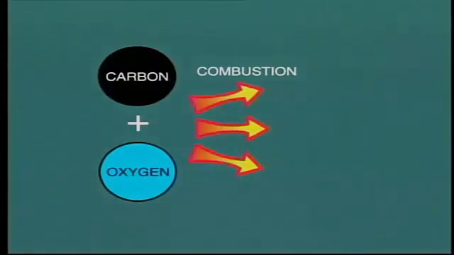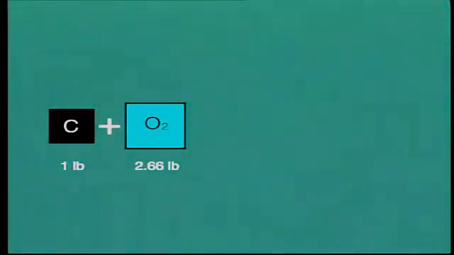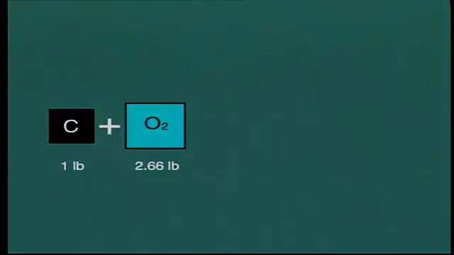Provided sufficient air is supplied and the carbon burns completely, it forms a gas, carbon dioxide, represented by the symbol CO2. That is, one atom of carbon and two of oxygen. Theoretically, to completely burn 1 pound of carbon, we need to mix it with 2.66 pounds of oxygen.